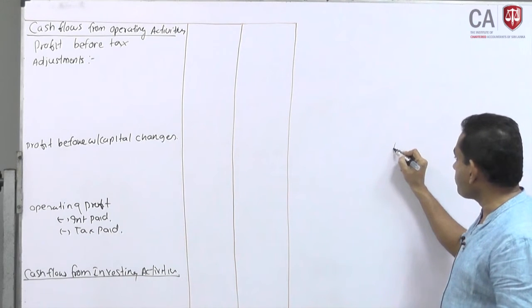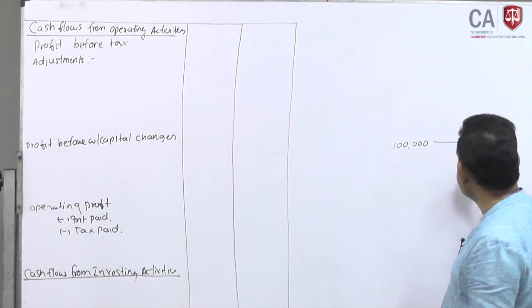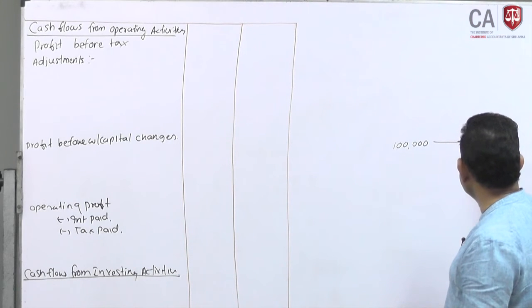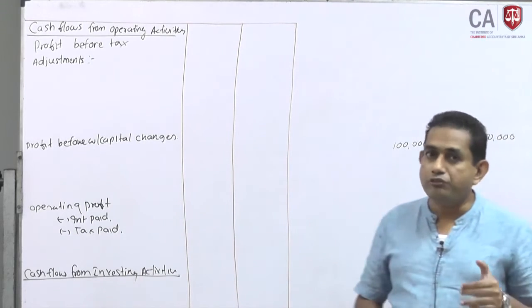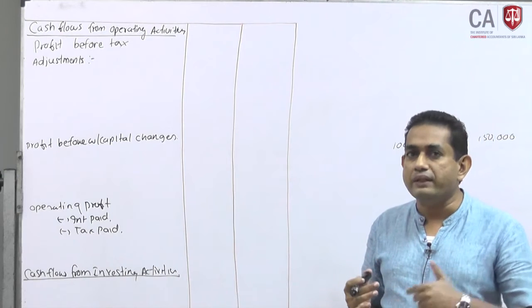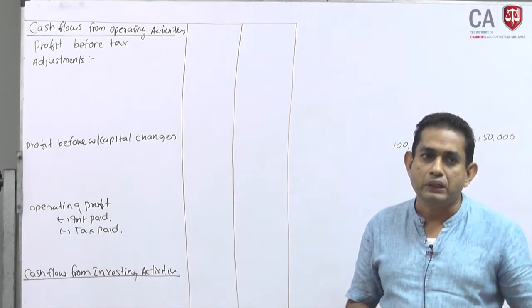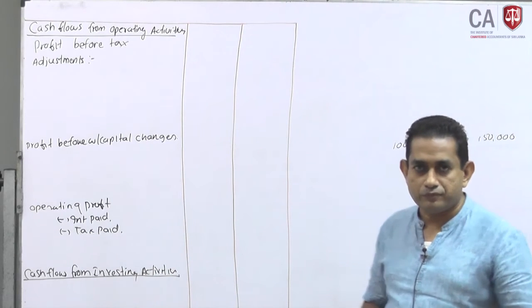Say opening property, plant and equipment 100, closing is 150. In the absence of any information given to the contrary, we will simply assume that this difference of 50,000 was due to the acquisition of assets for cash during the year.